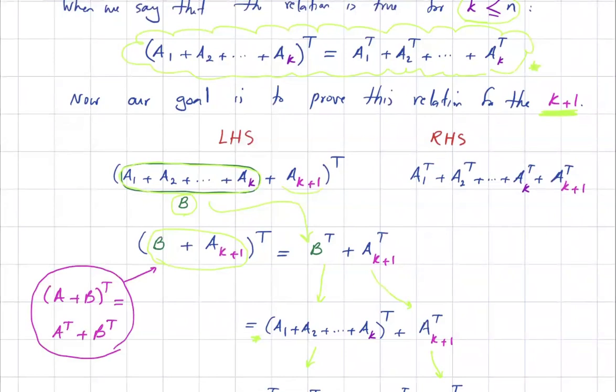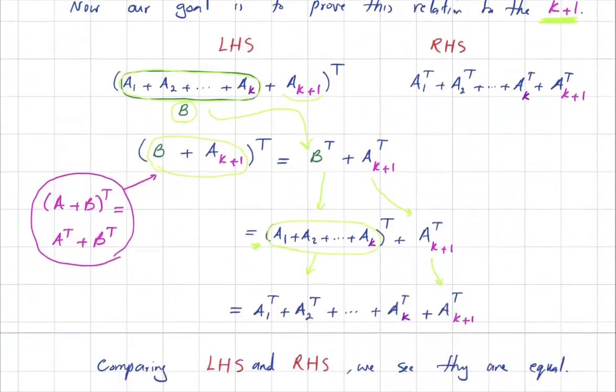Well, in turn it is equal to the transpose of B plus the transpose of A k plus 1. But what is B? B is A1 plus A2 plus Ak. And based on the inductive hypothesis, you can replace this by the transpose of A1 plus the transpose of A2 plus the transpose of Ak. And when you add the last matrix, it is the transpose of A k plus 1.